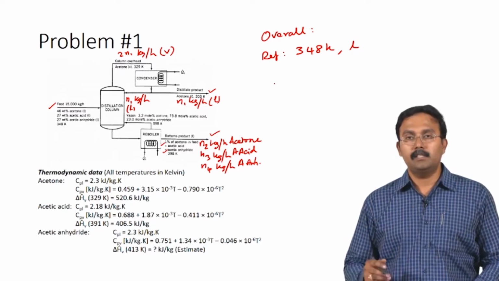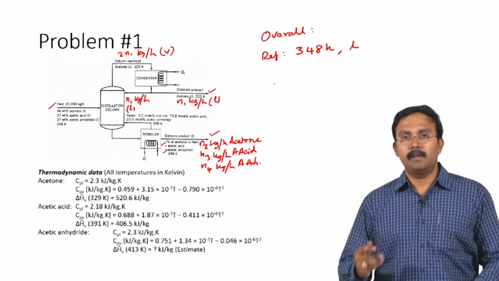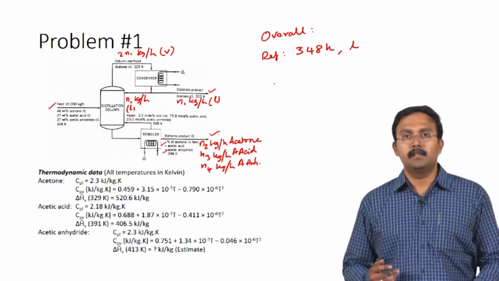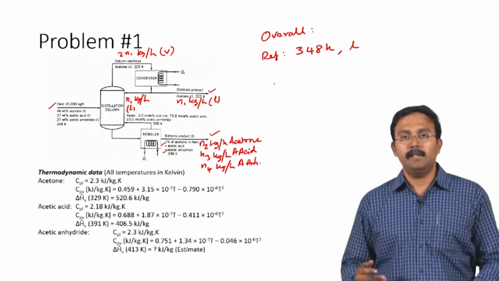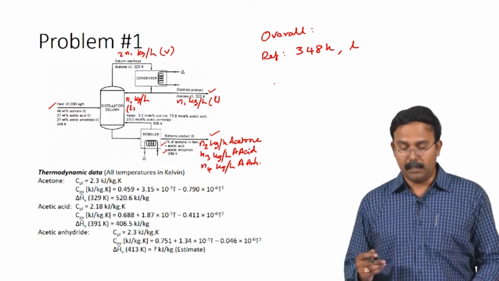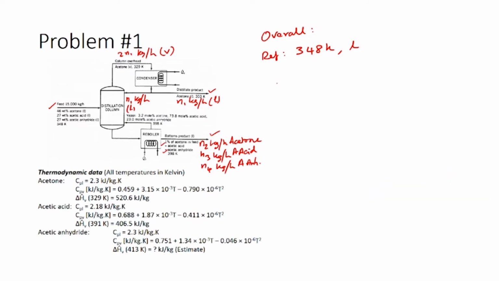Acetone is leaving in 2 different streams at 2 different conditions, so we will write these separately to calculate their specific enthalpies separately: acetone liquid at 303 Kelvin and acetone liquid at 398 Kelvin.